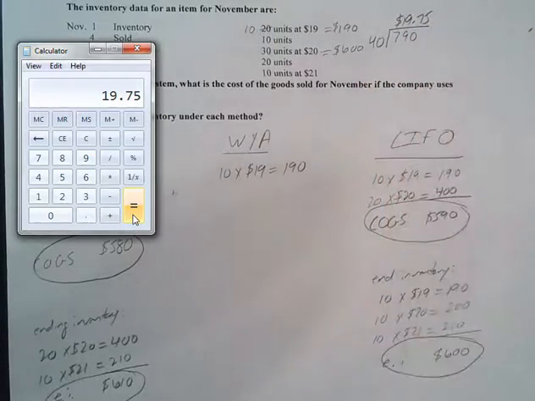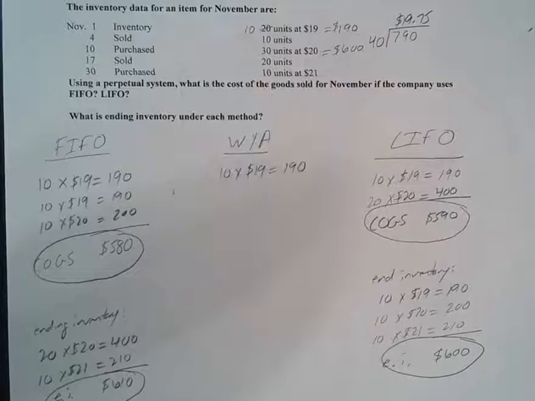All right? So when we make this sale here on November the 17th of these 20 units, we have to understand that it is the weighted rolling average of 10 units at $19 and 30 units at $20, which gives us an average of $19.75.